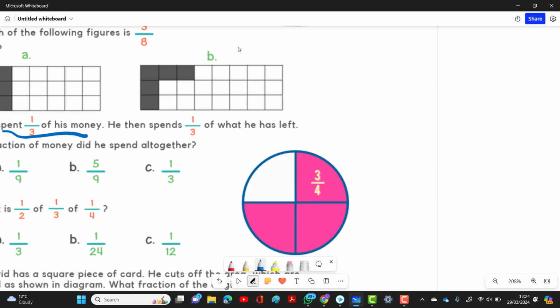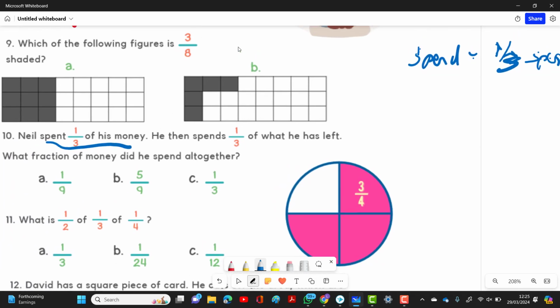So he spent 1/3 of his money. So let's have a table here. Spend 1/3 of his original amount. Okay, 1/3. That's the first spending he does, 1/3 of his money. And then he also spends 1/3 of whatever's left.